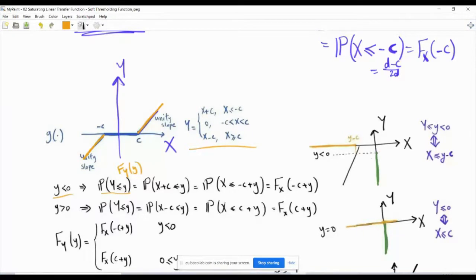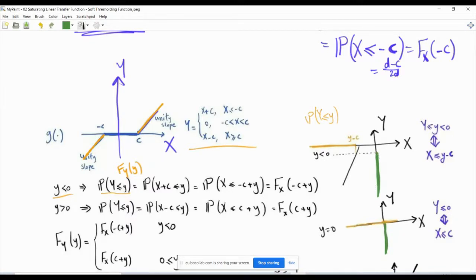So you are asking, what is the probability that big Y is less than or equal to small y, which is chosen here to be negative? We are asking about big Y being from minus infinity up to this point. This is the region we are in.